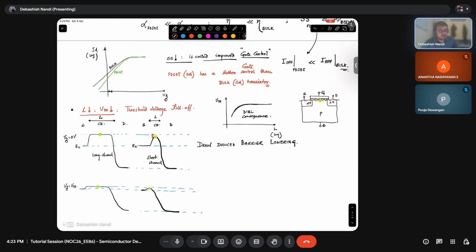Let us think this thing in a capacitive divider network. Let me just draw this MOSFET in a different fashion than you are accustomed to, and let me make these junctions very sharp.